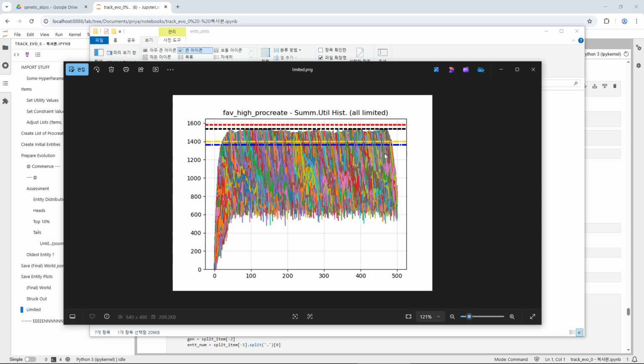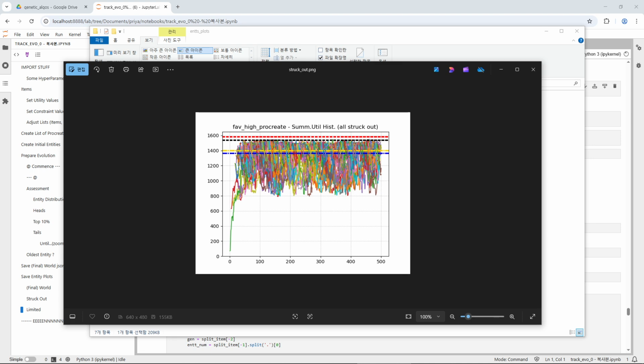Being struck out means that you somehow went up in terms of some utility values, because having a higher sum of constraint values means that you probably have a higher sum of utility values, which can be seen here.